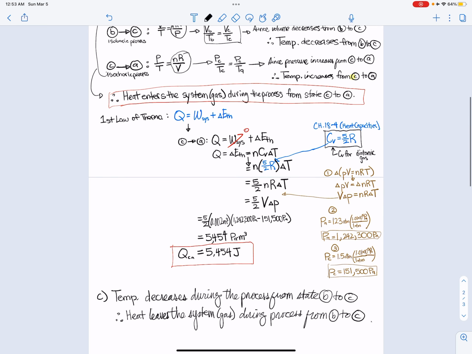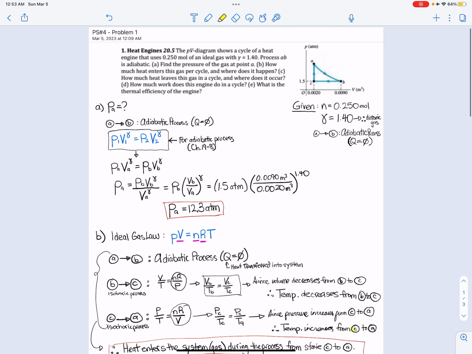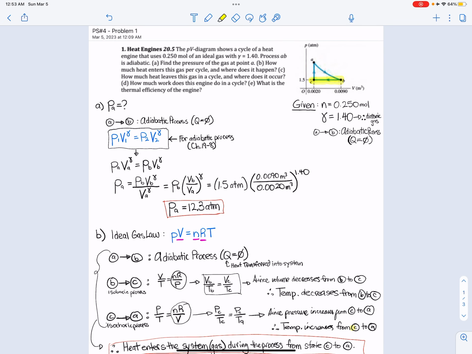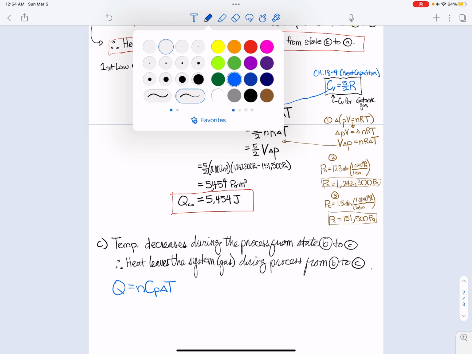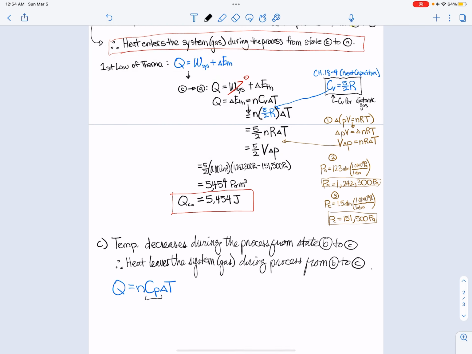I also know that state B to state C is an isobaric process, because in the PV diagram, the pressure is constant from B to C. When we're dealing with an isobaric process, I know that Q is equal to n Cp delta T. Heat transfer is equal to moles times molar heat capacity for constant pressure, Cp, times delta T, which is the change in temperature.